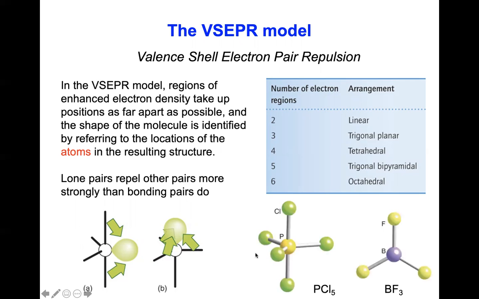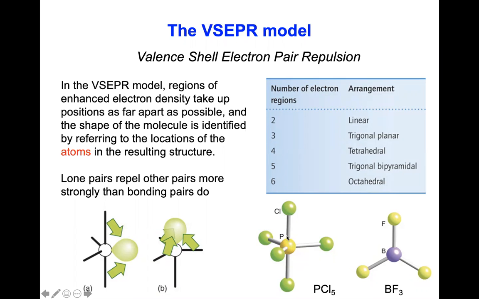Then, that's the geometry we can draw based on the VSEPR principle for PCl5, phosphorus pentachloride. Phosphorus will have 5 valence electrons, so it forms 5 bonds with the 5 chlorine atoms around it.